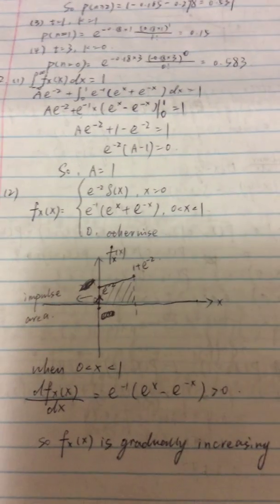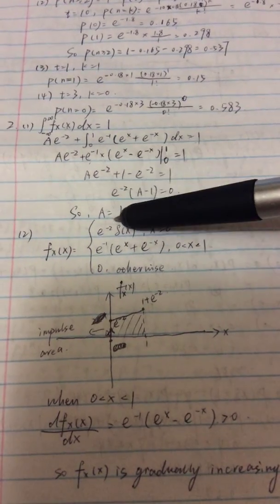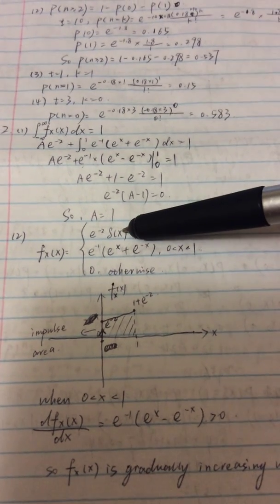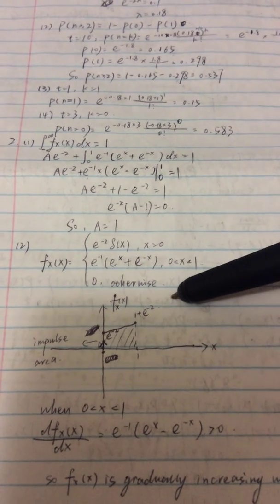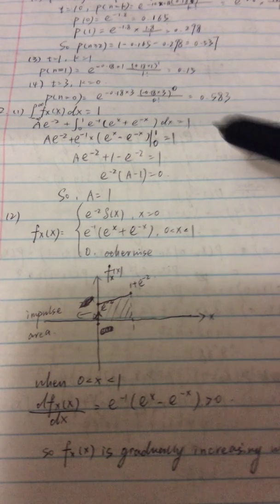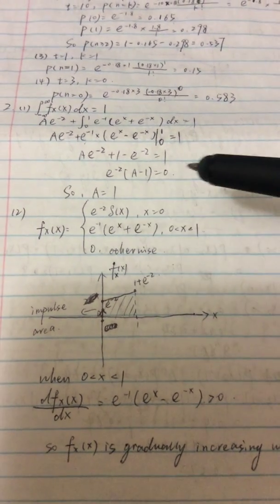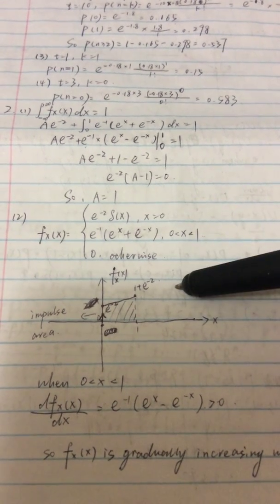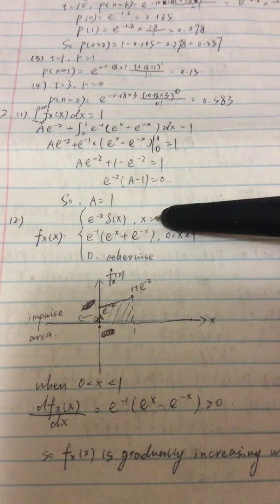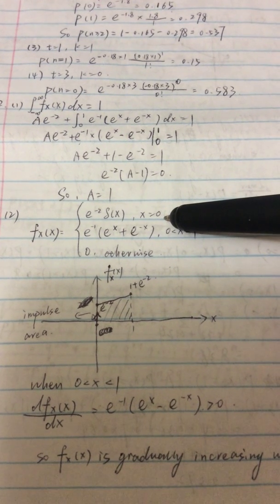And the second question, sketch fx. We apply a equals 1 to the expression given in the question. And now we analyze the diagram of fx in three parts. The first part is x equals 0.